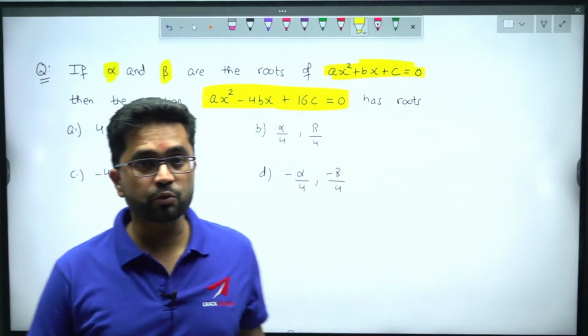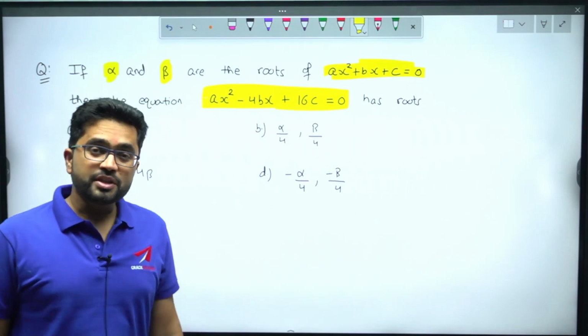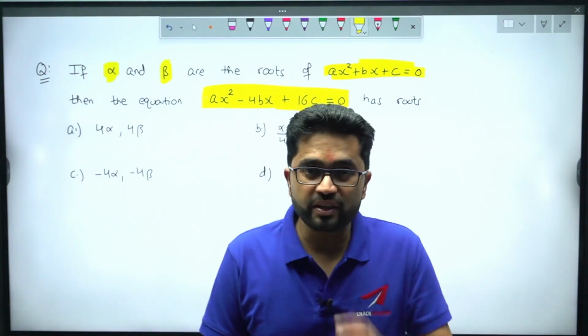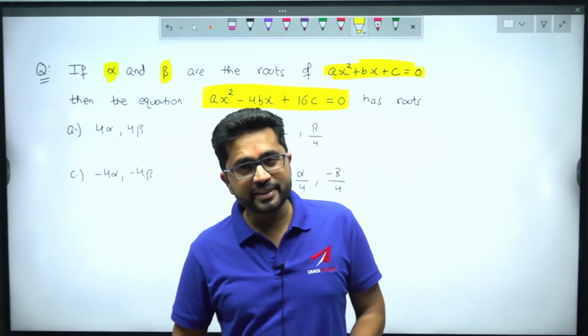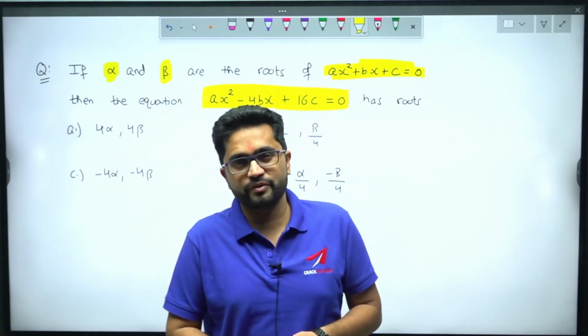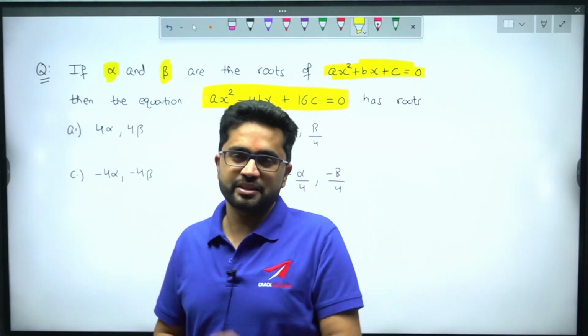This equation will have roots what? We have transformed the equation. You know the rules of transformation. Can you guess the roots? Can you observe the transformation with reference to the roots? That we need to check.